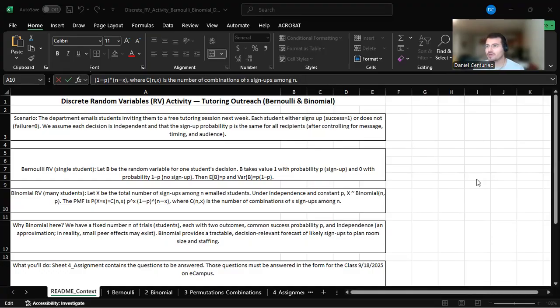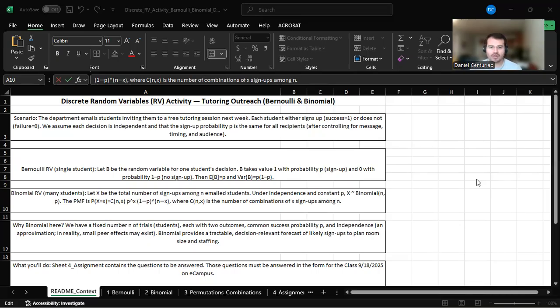Basically, the idea is that we have two discrete random variables. The first one is a single student's decision of signing up or not signing up to this email. And the second random variable that we're going to analyze is the total signups across any students that may or may not sign up for the tutoring session.